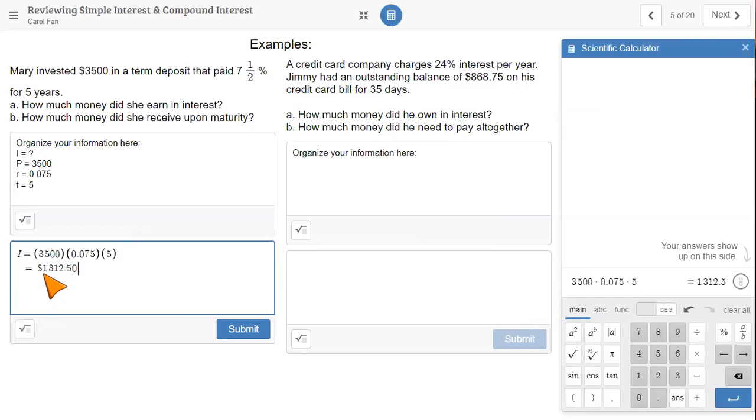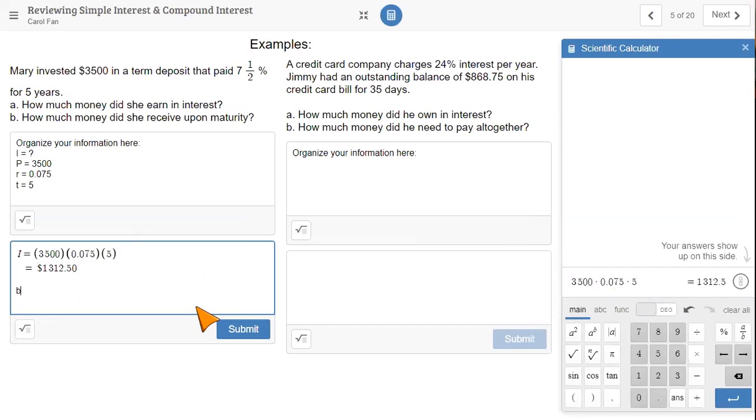Okay, so we know that she earned $1,312.50. So that's part A.